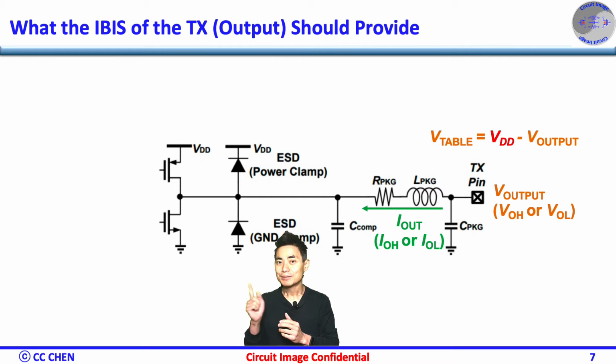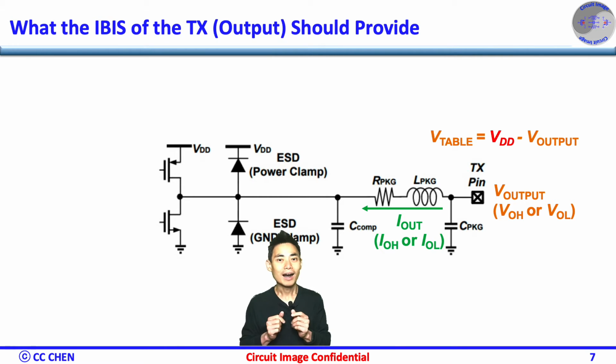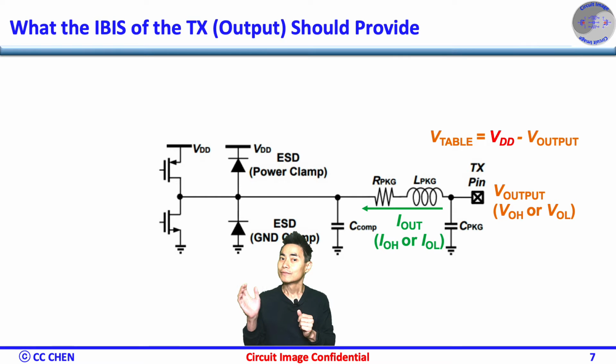So, the pull-up and pull-down data are created from the VI curve. The remaining parameters are similar to the RX input structure, except that they define the package parasitics of the output pin and the output capacitance of the output pin.